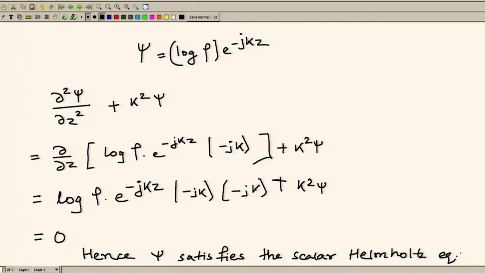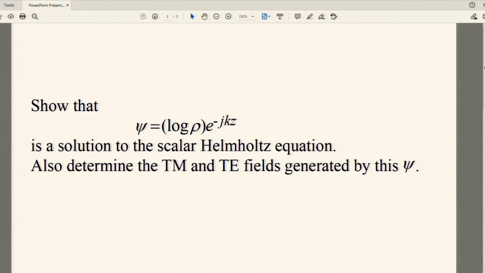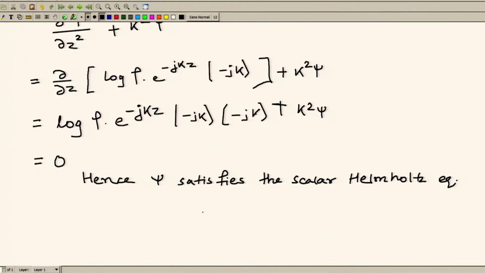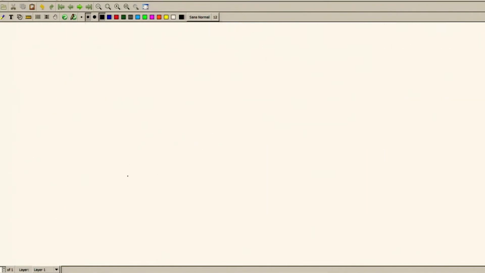Okay. Now the question says we need to determine the TM and TE fields generated by this psi. So to start with, we will start with the TM case first.